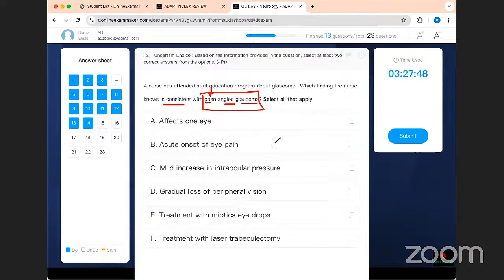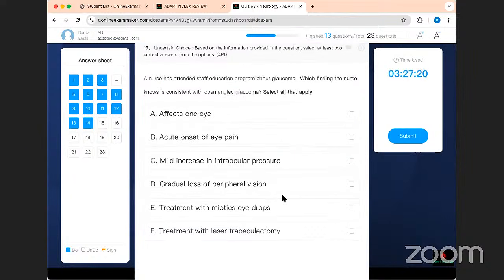There are two types of glaucoma. One occurs acutely, and the patient will come in with pain, and then there's one that doesn't come in acutely. Open angle glaucoma affects both eyes. It's bilateral.